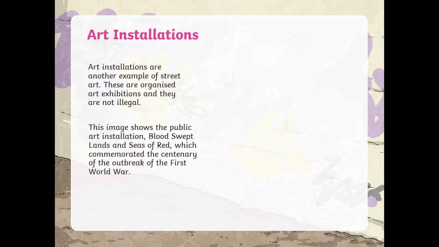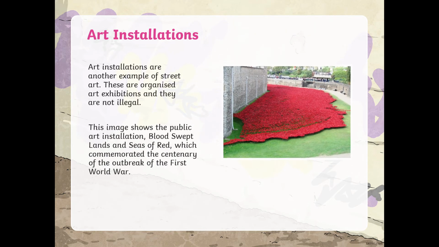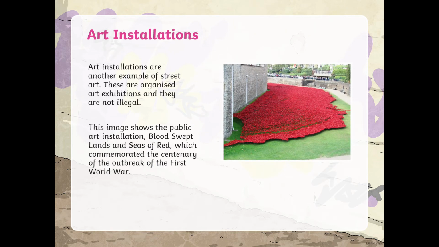Another example of street art, as we saw in the picture before, were things like the umbrellas, and that's art installations. So they're organised art exhibitions, and they're not illegal. The image that you can see there is a couple of years back, and it's all of those metal poppies, and it's the public art installation Blood Swept Lands and Seas of Red, which commemorated the centenary of the outbreak of the First World War.